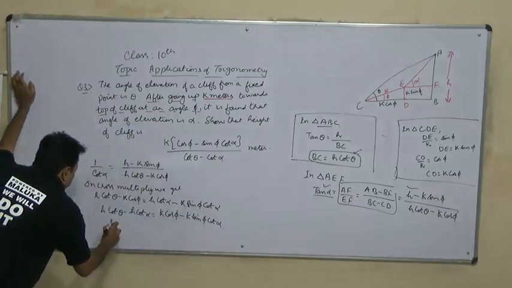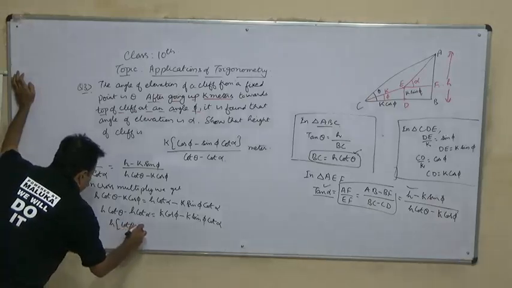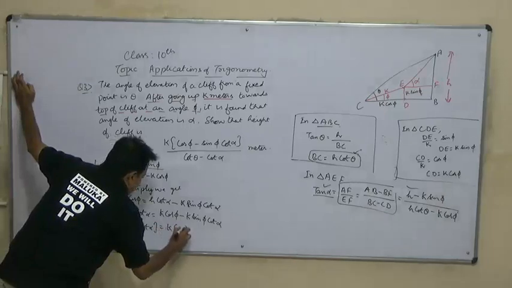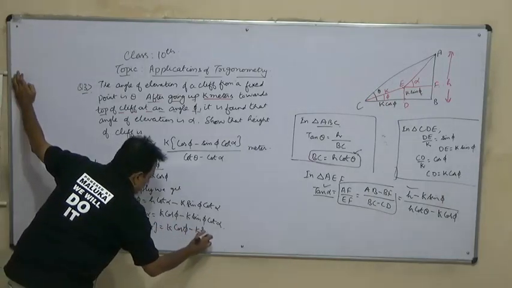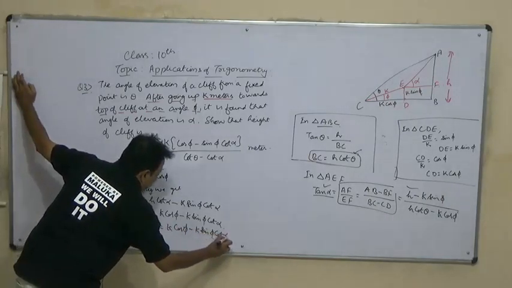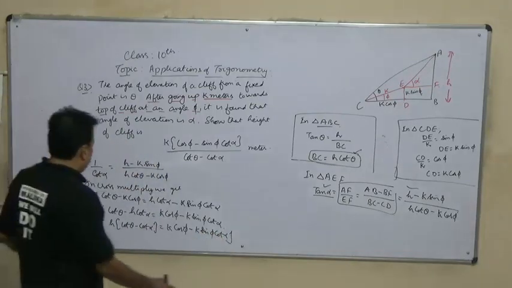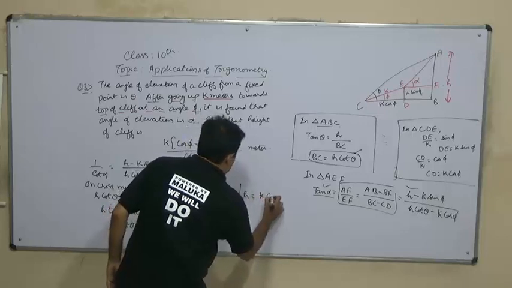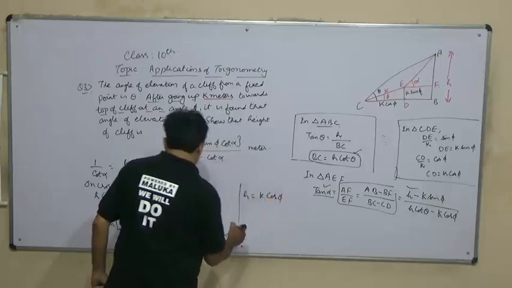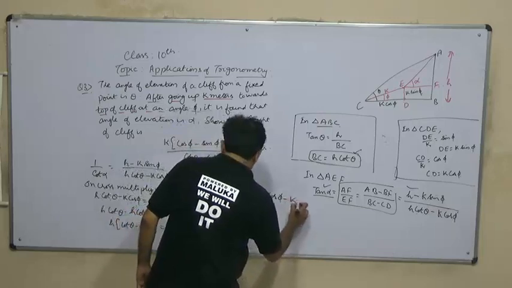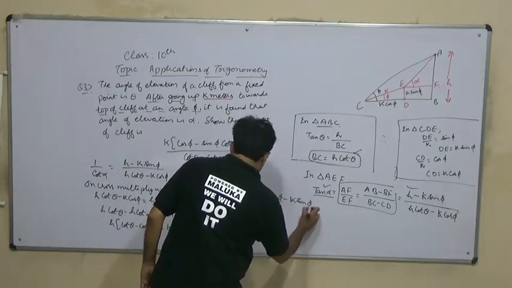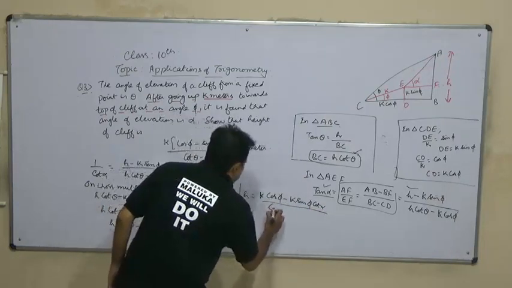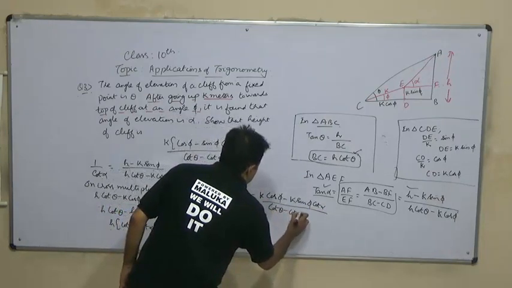Then taking H common, cot theta minus cot alpha is equal to K cos phi minus K sin phi cot alpha, and from there H is equal to K cos phi minus K sin phi cot alpha upon cot theta minus cot alpha.